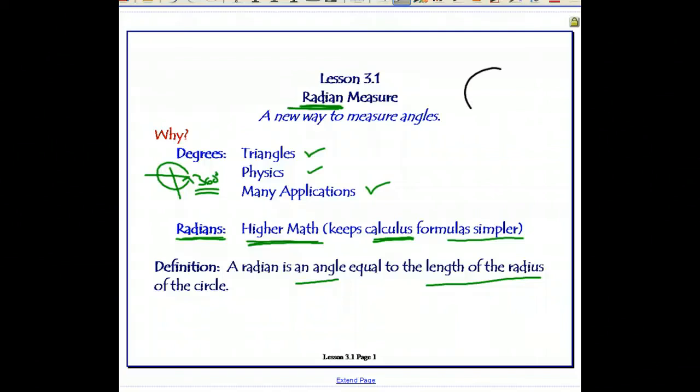Here's a circle. Just work with me. Pretend that's a circle, and let's find the center. This distance right here we'll call the radius. So what is a radian? What you do is you peel off this radius, this length. You start on the positive x-axis again, and you bend the length of one radius onto your circle.